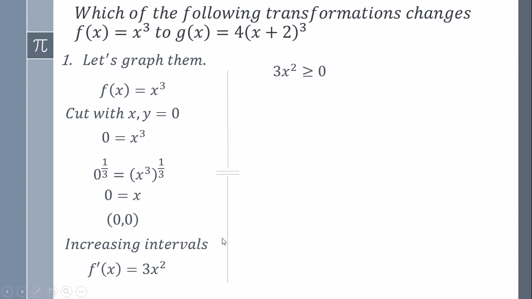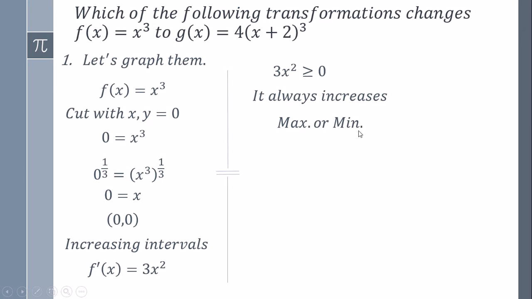If you notice, for all values of x this value is larger than or equal to 0. What does that mean? It means this is a function that always increases.